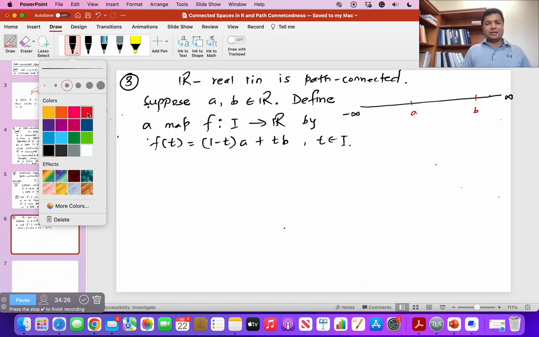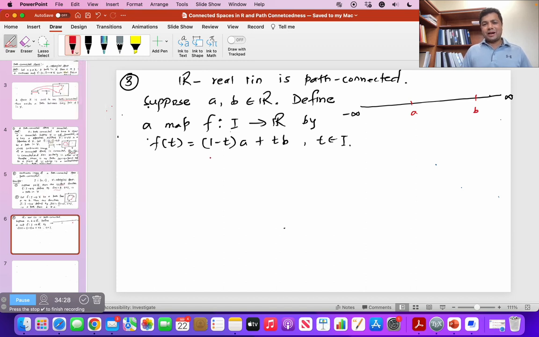Now you can see in this relation, on the right side, A and B are fixed real numbers, and t is a variable. So the right side is a linear polynomial, and polynomials are always continuous. So f is continuous. That's the first condition for f to be a path.